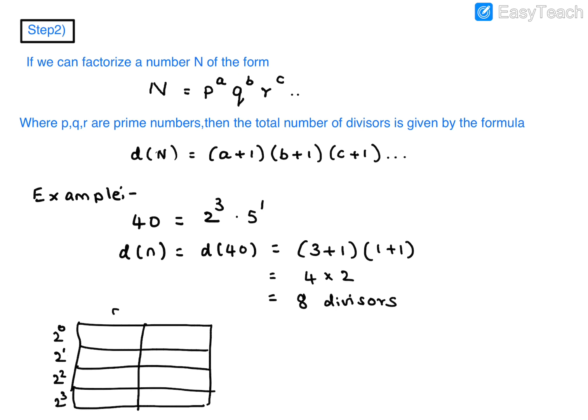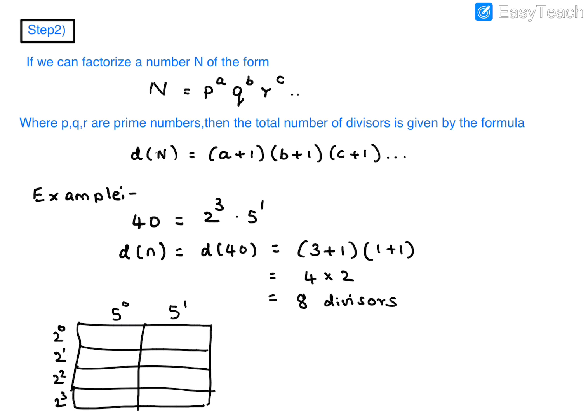And I can also say 5 to the 0 and 5 to the 1. All of these are divisors of 40. Not only that, 2 times 5 to the 0 is also a divisor. 2 square times 5 to the 0 is also a divisor.